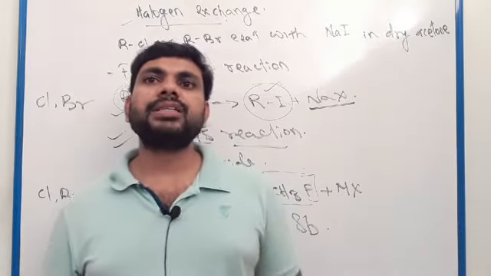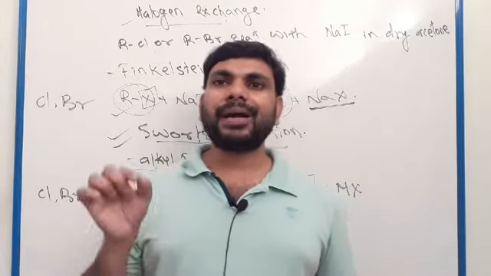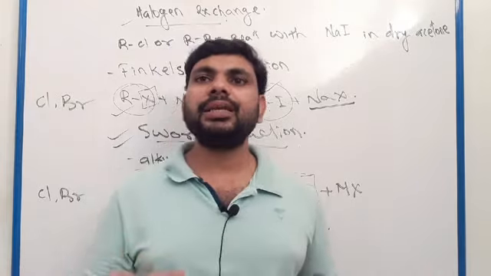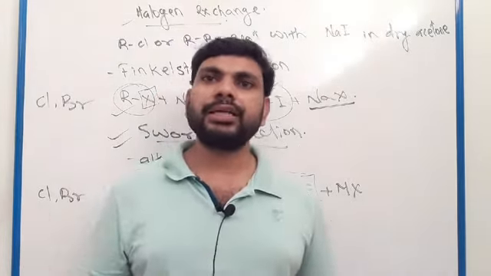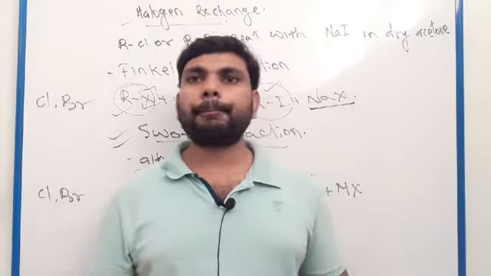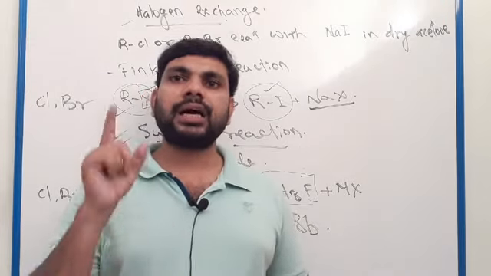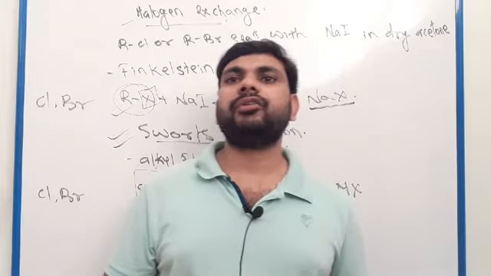After that we discussed Sandmeyer's reaction, where primary aromatic amine is the starting material. There you have to remember sodium nitrite and cuprous halide. In case of iodide, not cuprous halide, you have to choose sodium or potassium iodide.